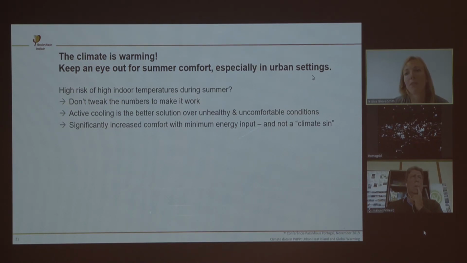It happens that people then put unrealistic assumptions, or ask for different climate files that are maybe a bit easier to make the numbers work. It is our absolute priority to have buildings that provide high comfort and that work in terms of their energy performance. So tweaking the numbers is never a good idea.